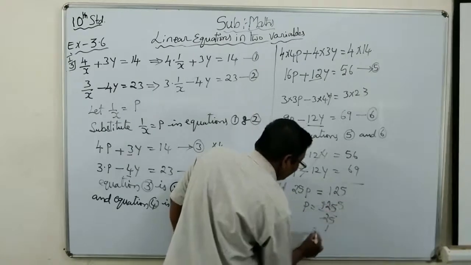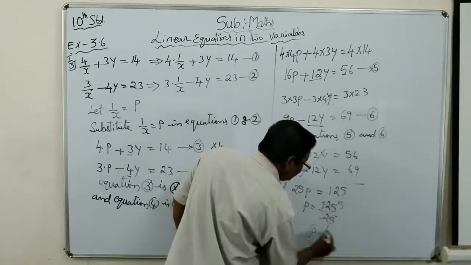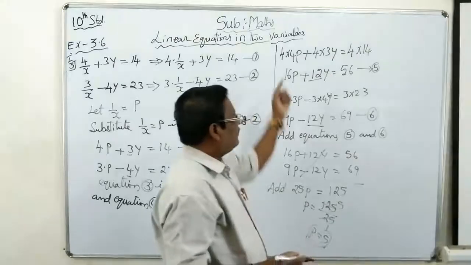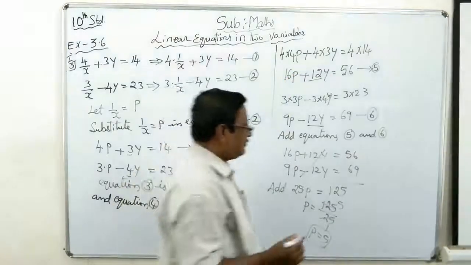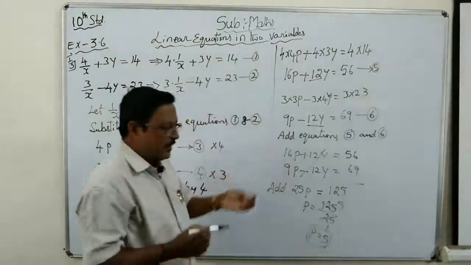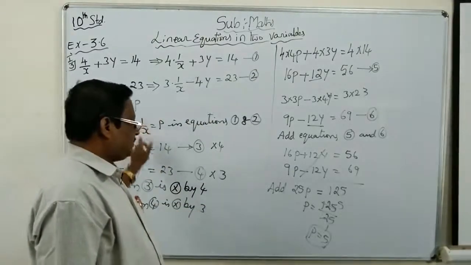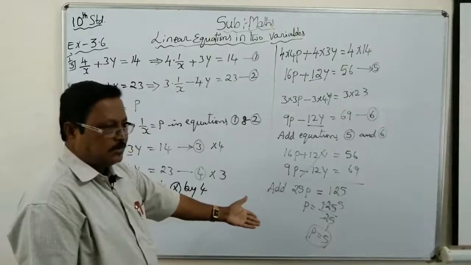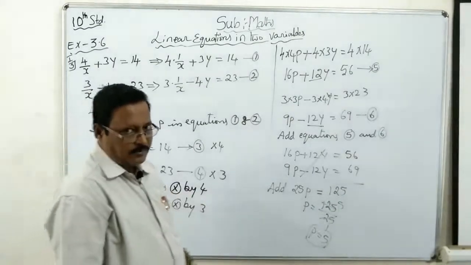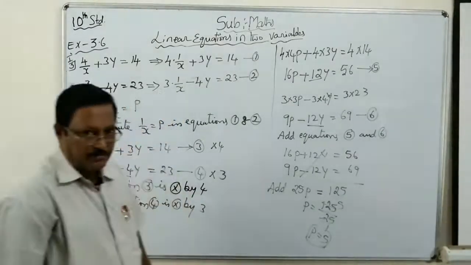P is equal to 5. When p is equal to 5, what is the value of y? You find the value of y, and next substitute p: what is p? 1 by x is equal to 5, so what is the value of x? You find the value of this one. Next problem I will show.